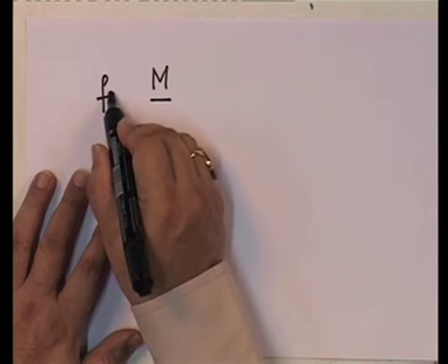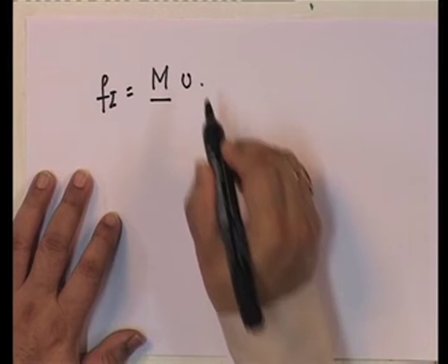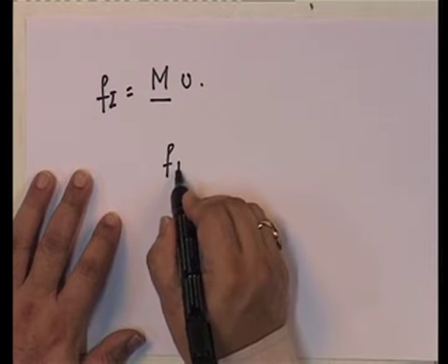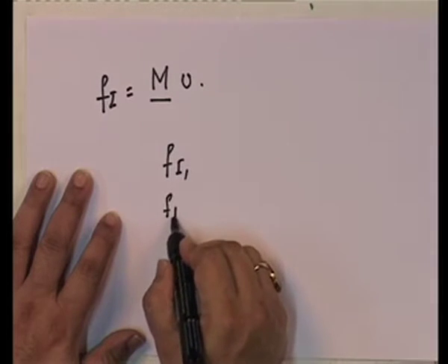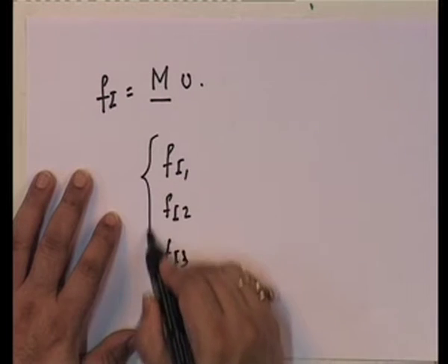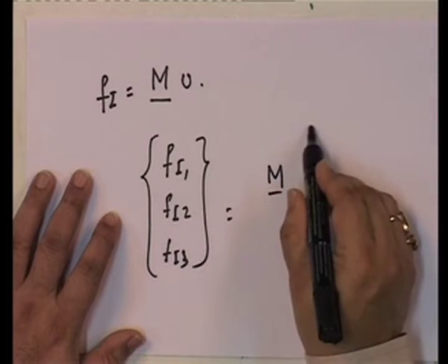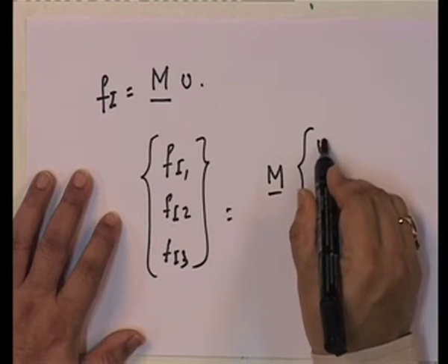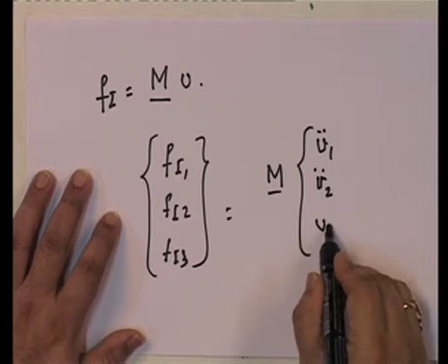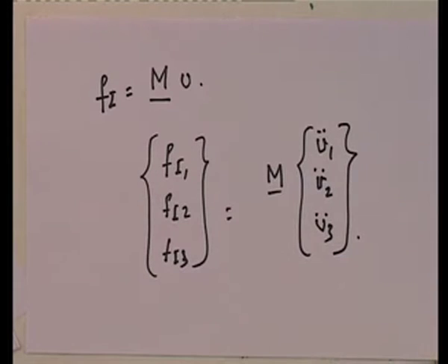This is FI is equal to M into V double dot. So, essentially I have FI1, FI2, FI3 for the structure is equal to the mass matrix into V1 dot, V2 dot, V3 dot.